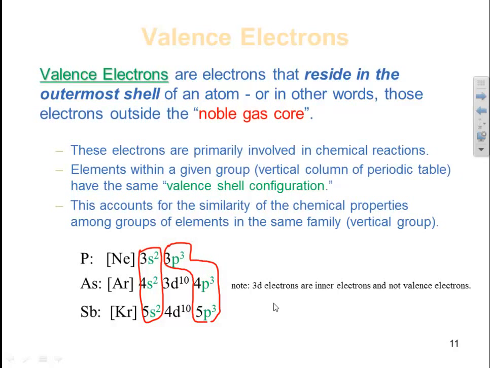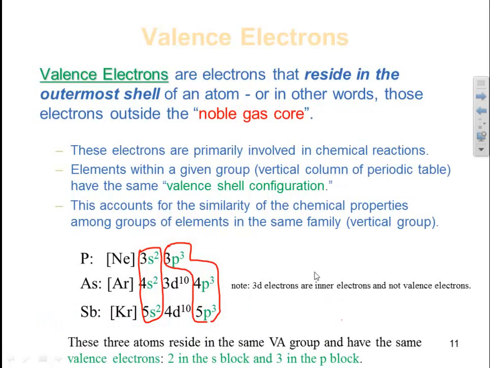It's only your s block and your p block that you're looking at there. These three atoms reside in the same group 5A and have the same valence electrons, 2 in the s block and 3 in the p block. Therefore, they react very similarly and have similar properties.